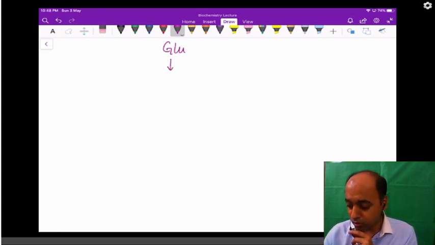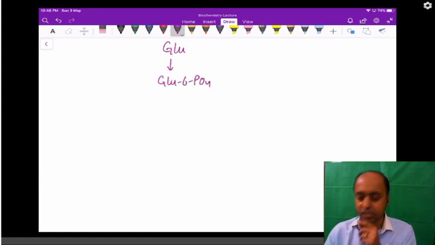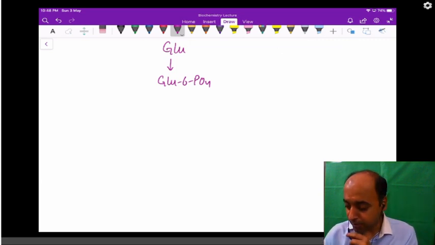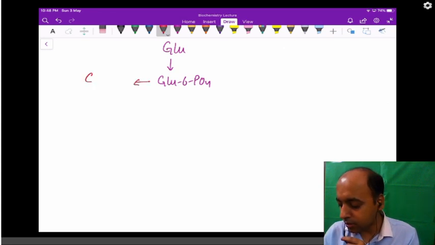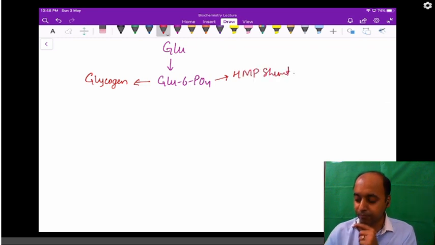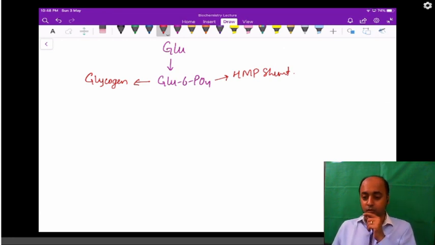The glucose will get converted to glucose 6 phosphate, right? The glucose 6 phosphate in turn can go towards glycogen metabolism. Glucose 6 phosphate can also go towards the HMP shunt.